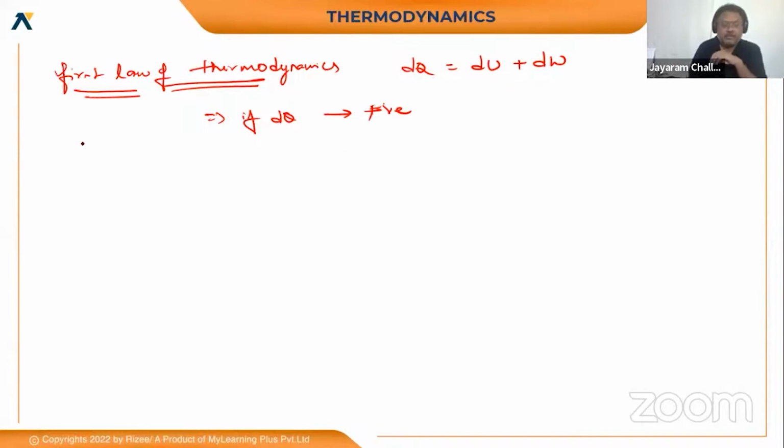So in this first case, all the work done is positive, which means heat is supplied by the system. Okay? So this is the basic condition. So dq is equal to du plus dw is the situation.